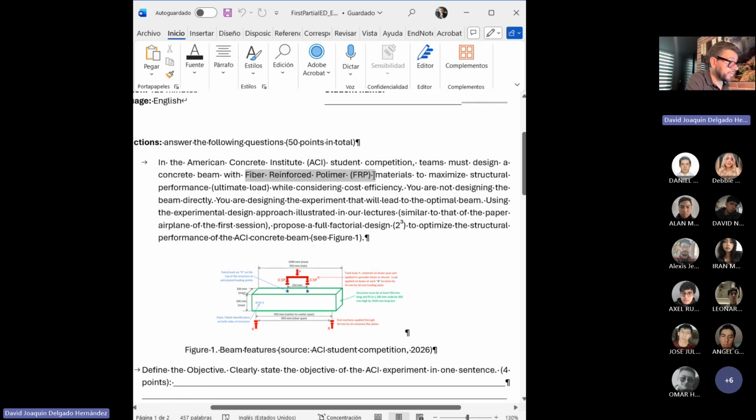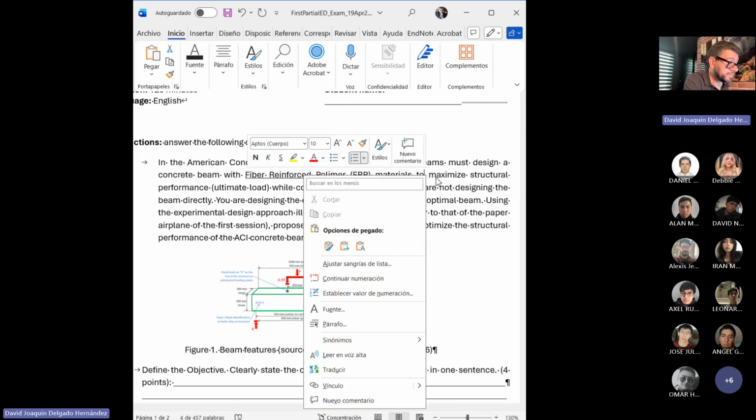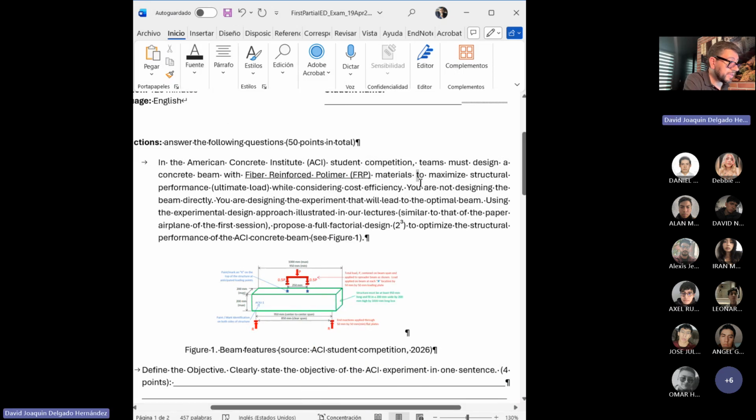The FRP. So I am going to put it like that. These materials are to maximize structural performance, so this is very important, to maximize structural performance, ultimate load, while considering cost efficiency.